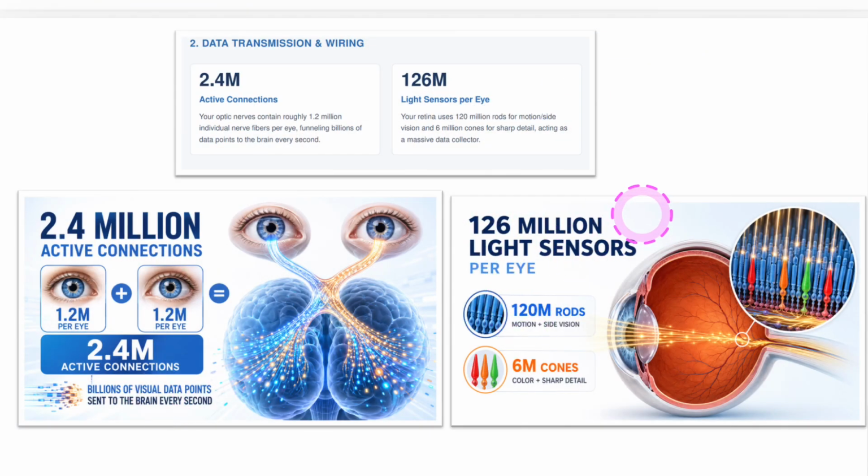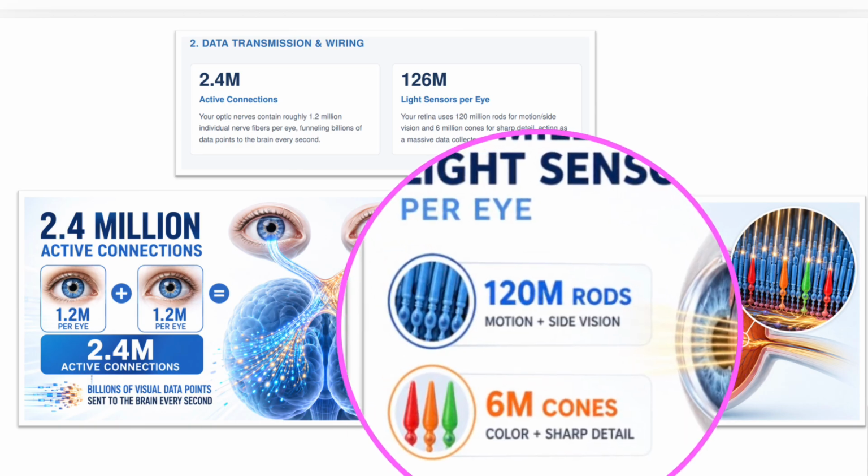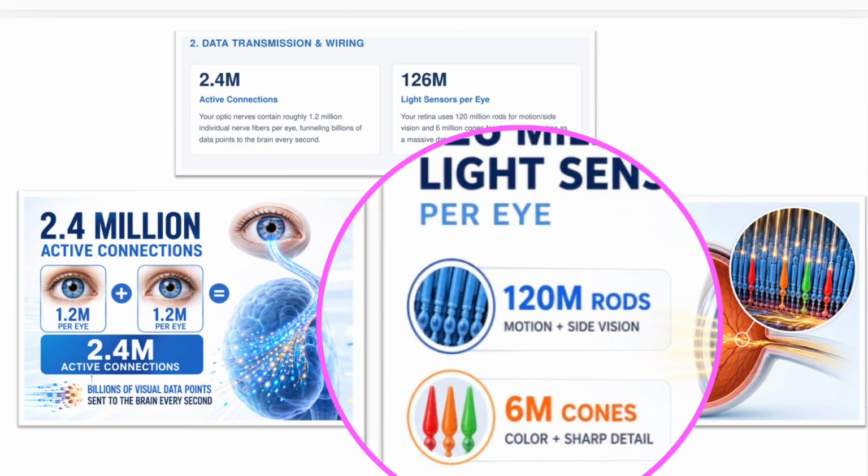Now, here are some other crazy statistics. There's 126 million light sensors in your eyes. What are rods? Rods detect motion and vision in the side. There's 120 million of them.